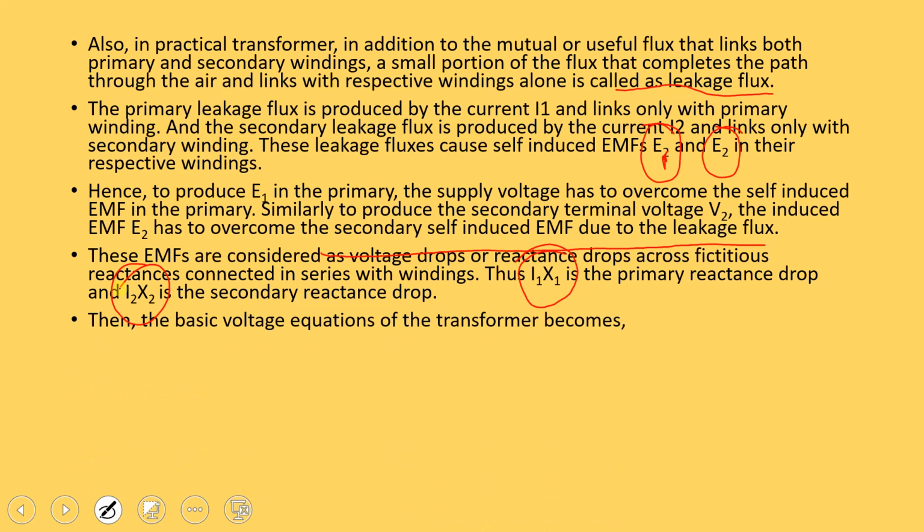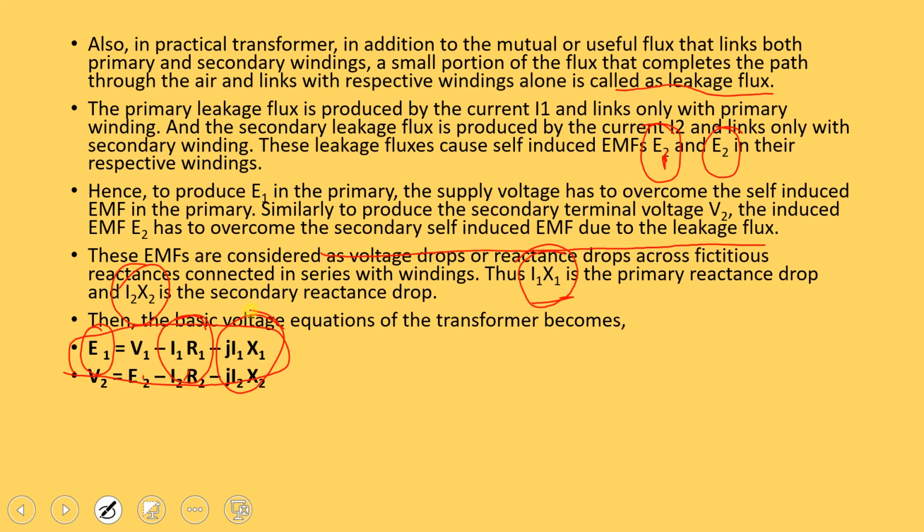Then the basic voltage equation of the transformer will become, now that we have the voltage drop due to this leakage flux, E1 is equal to V1, the applied voltage, minus the voltage drop across the resistance minus the voltage drop across the reactance.